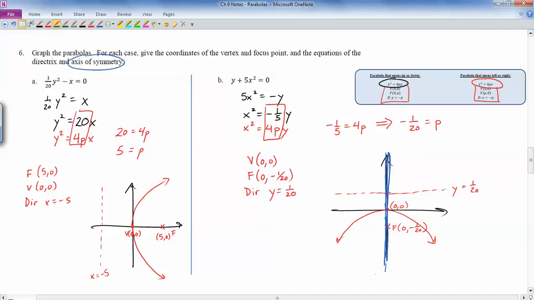Well, that line has the equation, saw right here, axis of symmetry. Okay, well, the axis of symmetry, in this case, everything on that line is x equals 0. Over in part A, here's the axis of symmetry. Right? Well, everything on that line is y equals 0. So axis of symmetry.